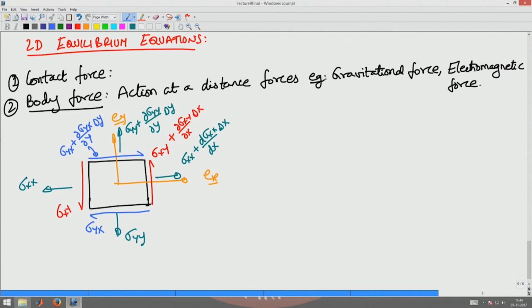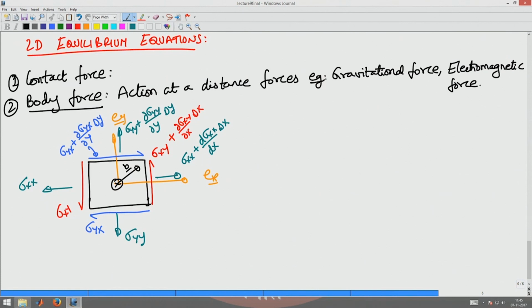Apart from these stresses that are acting over the respective areas, there is a body force. Let us assume that there acts a body force B at the CG of the element, wherein Bx would be the component of the body force along the x direction, By would be the component of the force along the y direction.